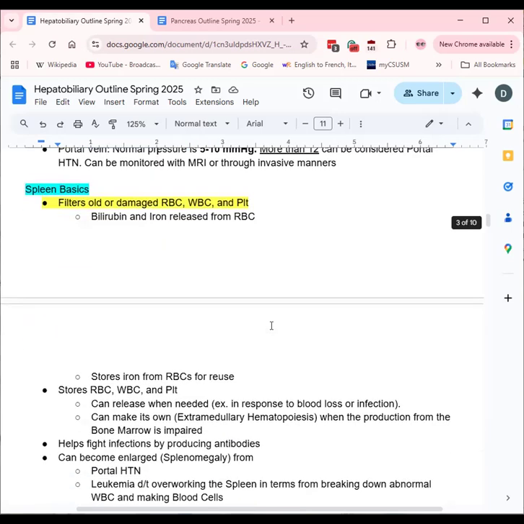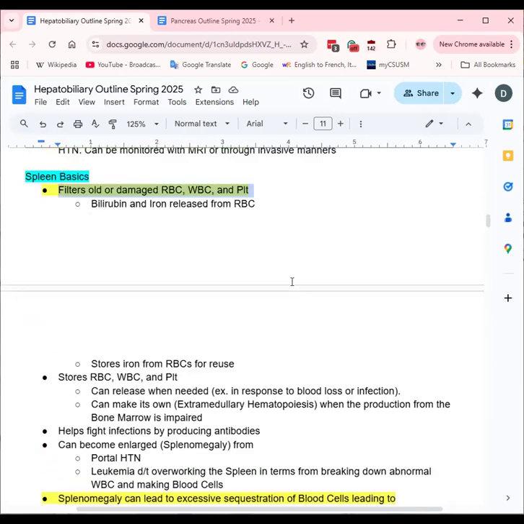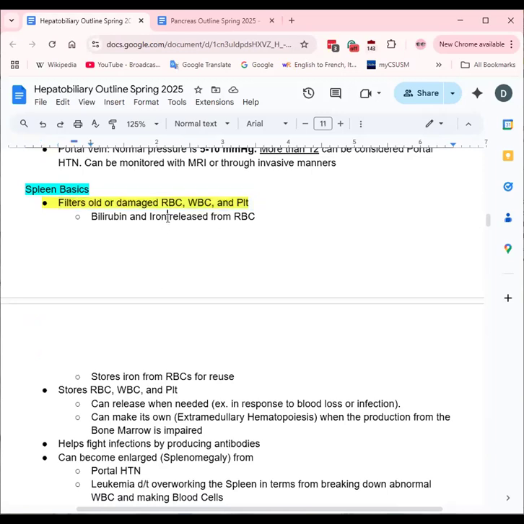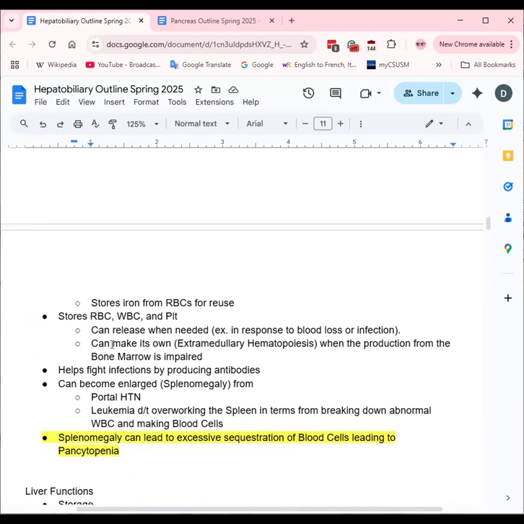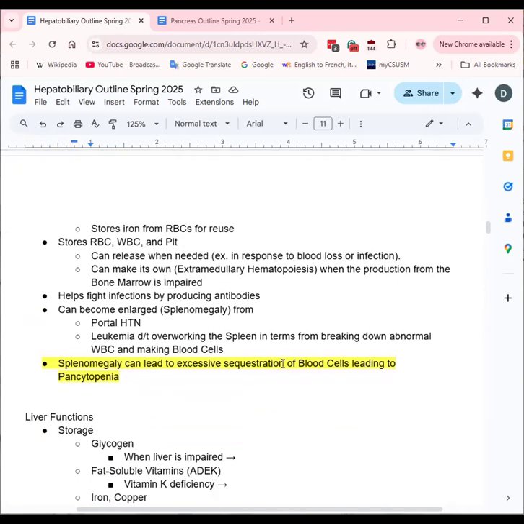Okay, sounds good. So here it's going back to what I mentioned. There is the basics of the spleen. So I mentioned the spleen helps to filter out old or damaged red blood cells, white blood cells, and platelets. So from there, when someone has splenomegaly, you have that risk of them having pancytopenia. But again, it's not necessary. And again, there's some other extra stuff that you don't need to know.